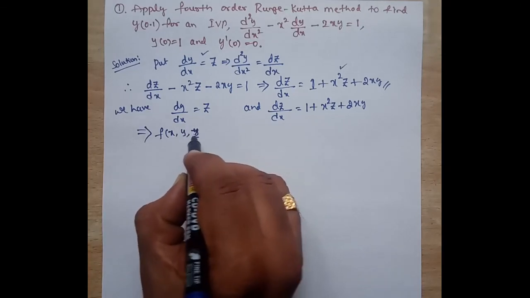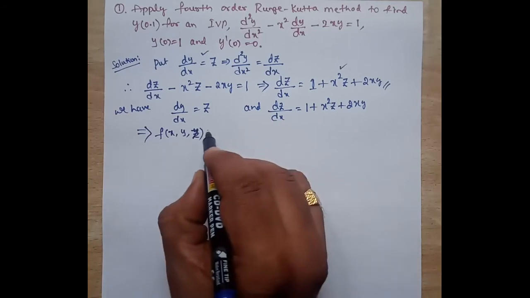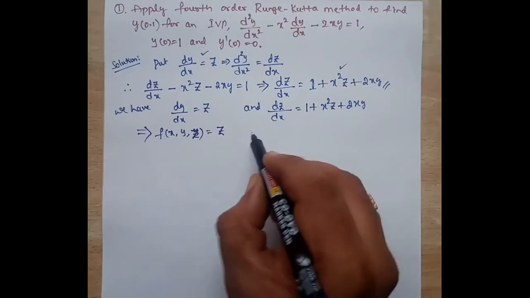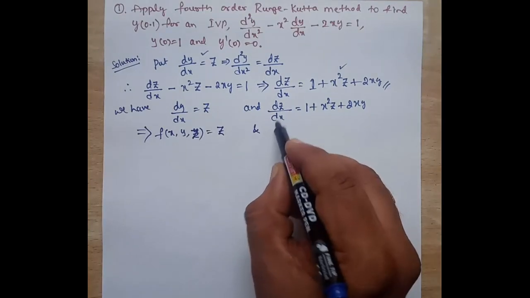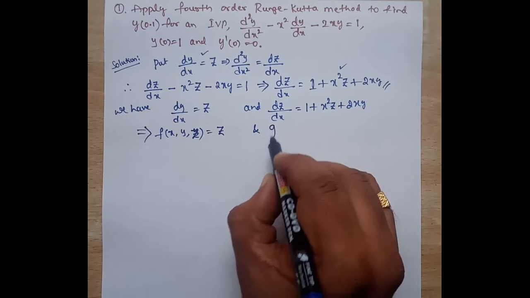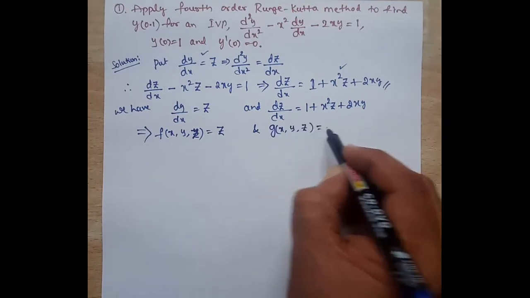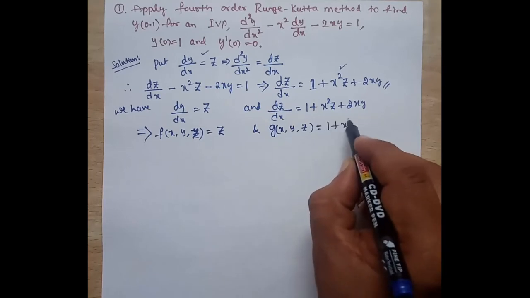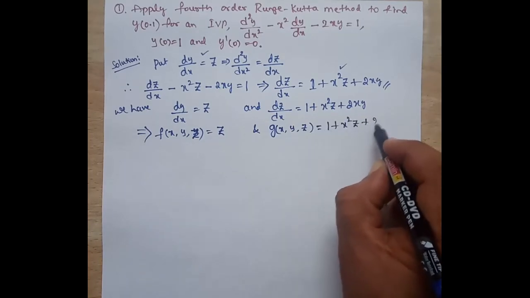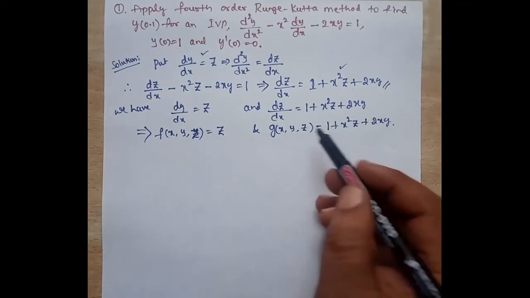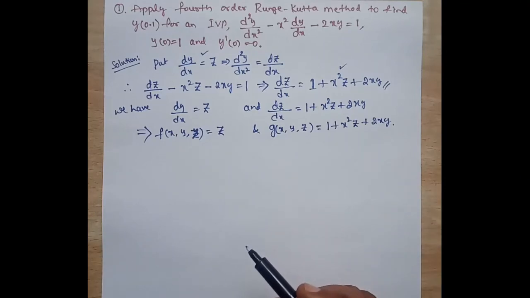That means I'll take this as f. And this dz by dx, let us take it as g of x comma y comma z. So it is 1 plus x square z plus 2xy. So we'll take the first one as f, second one as g.